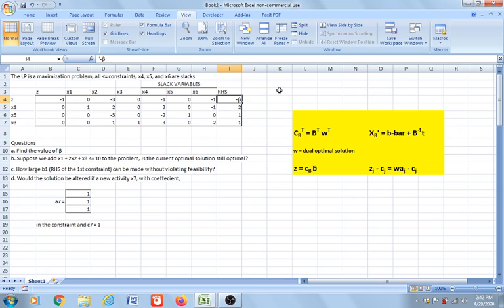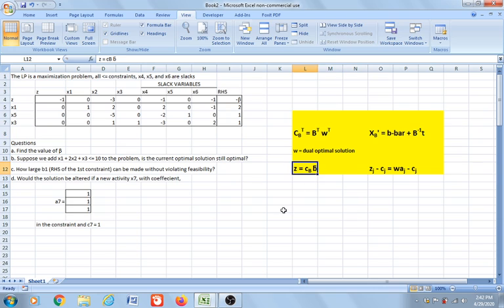In order to find the value of beta, we need to use equation number 1 and equation number 2. CB is the coefficient of the basic variables in the objective function, B is the basic matrix, and W is the dual optimal solution.